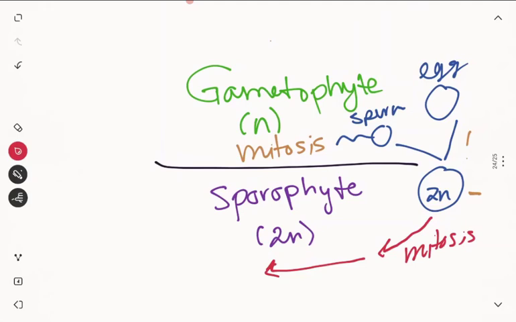It's going to go through mitosis to increase the number of cells, right? 2, 4, 8, 64, so on and so forth. Then there will be specialized cells, so more mitosis, more mitosis.